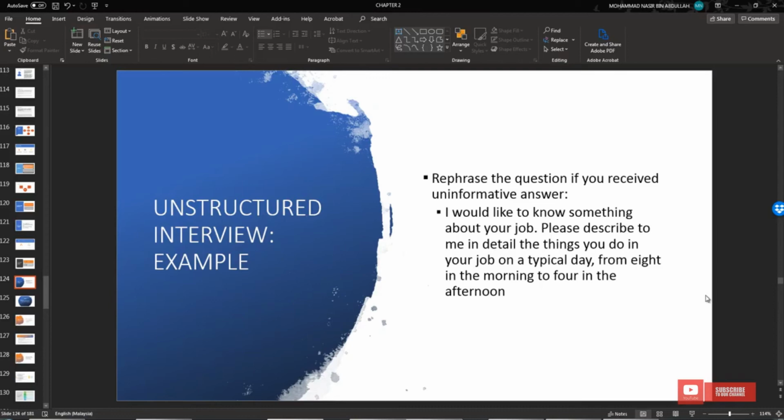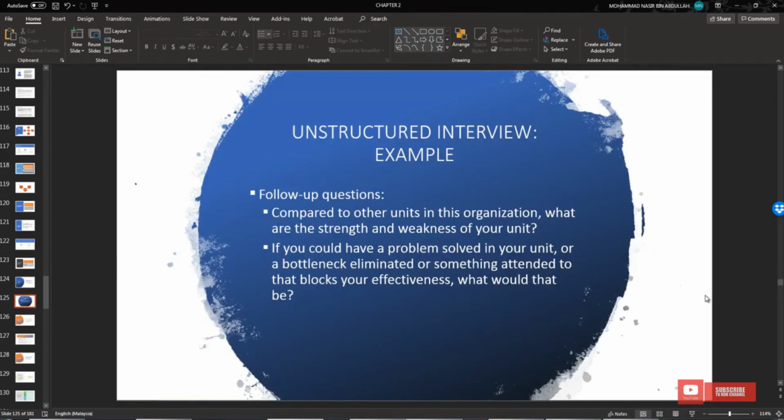Please describe in detail the things that you do in your job on a typical day, from 8 in the morning to 4 in the afternoon. So you need to use the funnel theory, which means going from a broad question to a narrow question, right?